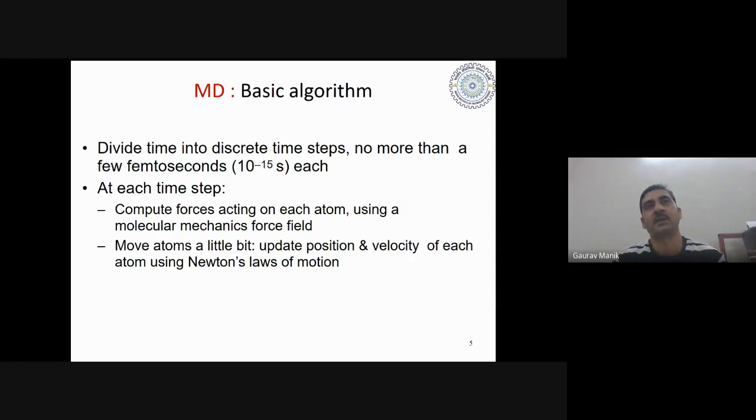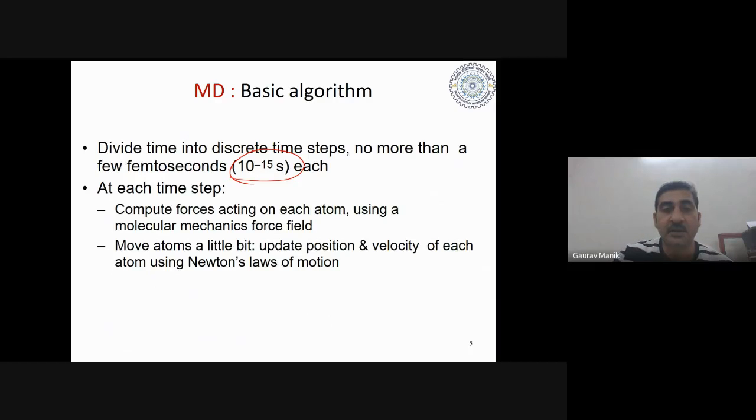But you have to move your atoms very slowly, so you can't try to understand the motion of the atoms quickly in a few microseconds or milliseconds. You have to divide the whole time into very discrete time steps, which should not be more than a few femtoseconds, of the order of 10 to the minus 15 seconds.